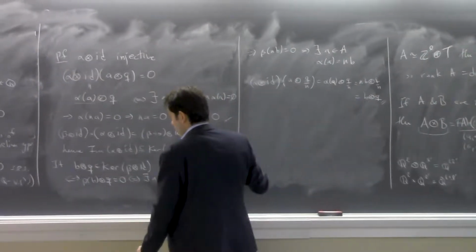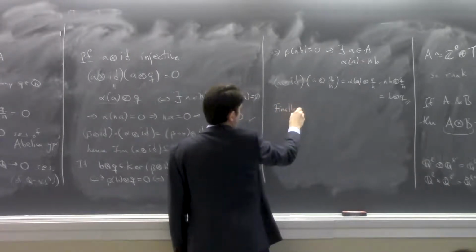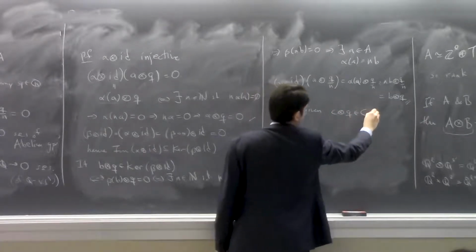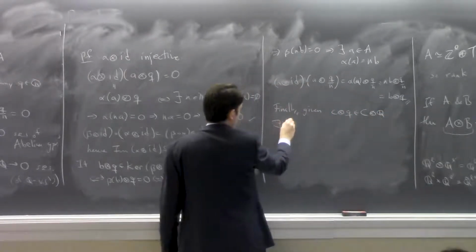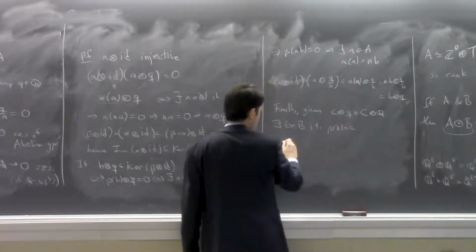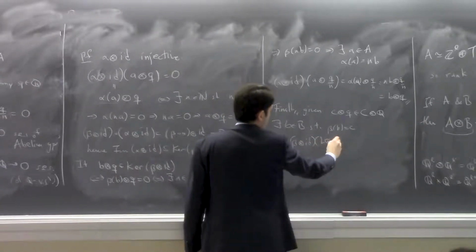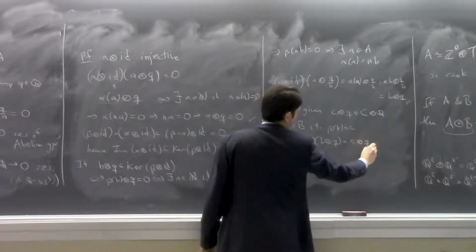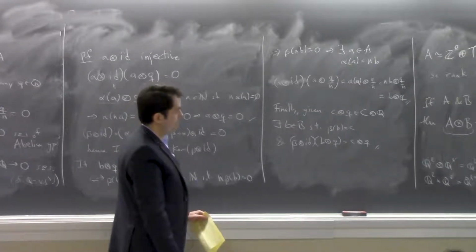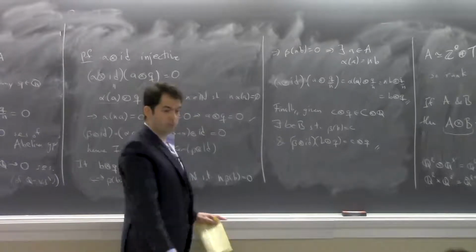And finally, that it is surjective is trivial. Finally, given C tensor Q, there exists B in B such that beta of B is equal to C, and beta tensor identity of B tensor Q is equal to C tensor Q. Okay, so tensoring with Q doesn't mess up exactness of short exact sequences.